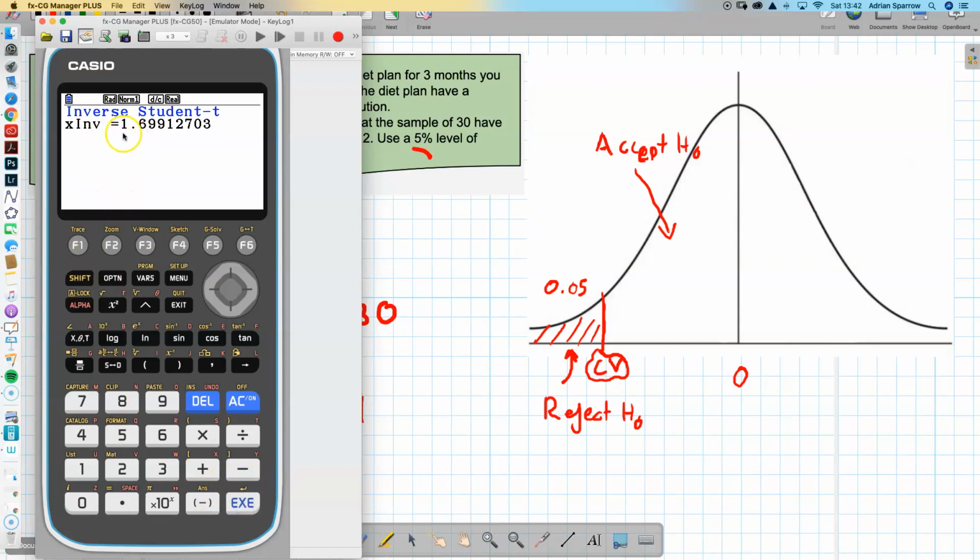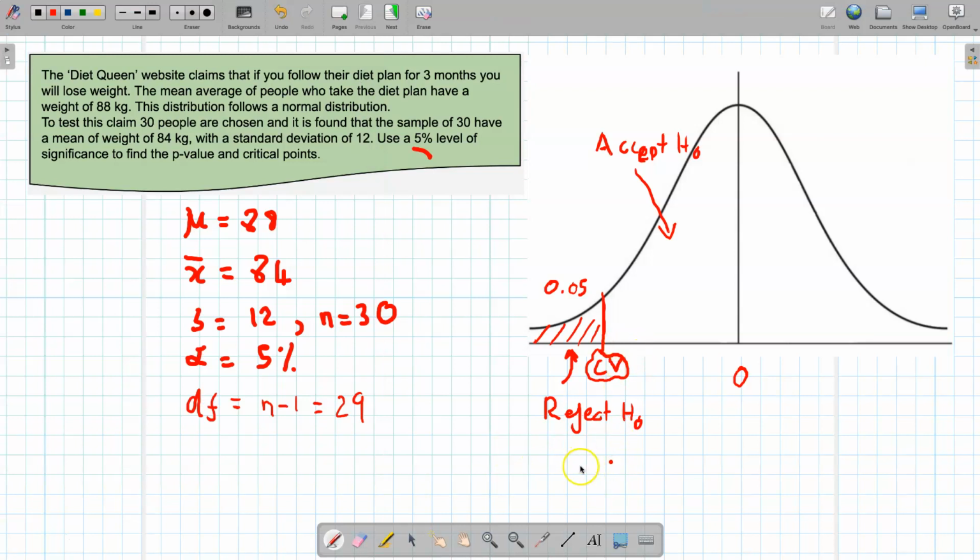Okay, so this gives me 1.69 or 1.70, but it's a negative because it's on the left side. So that's the really important one that I want: the critical value as negative 1.7.